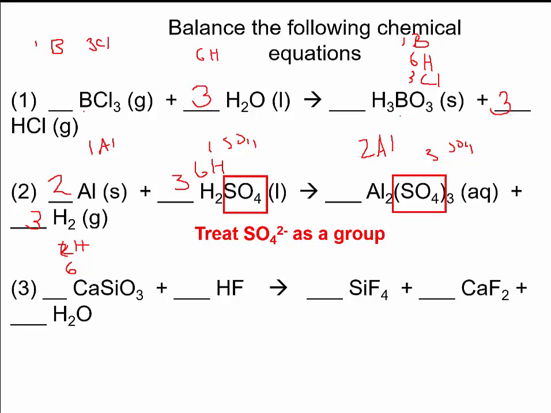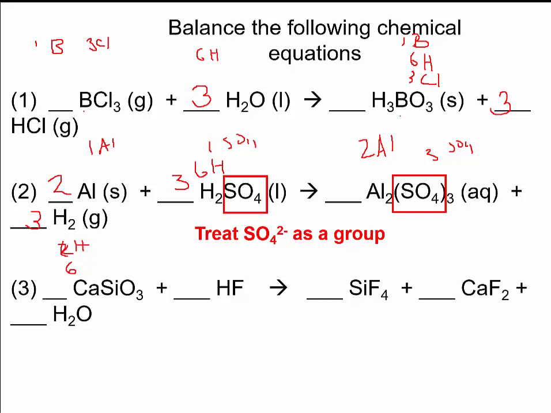Right? Looking at calcium silicate. Right. I've got calcium, silicon, and oxygen. I've got HF, I got SiF, I got calcium difluoride, and water. Right. I'm going to look for the things that show up in the least amount of places first. I like to go easy first.